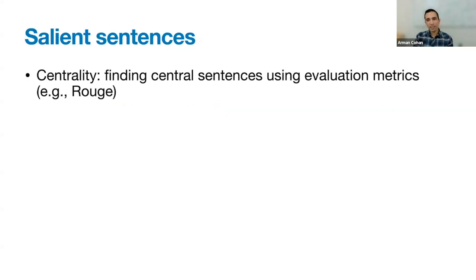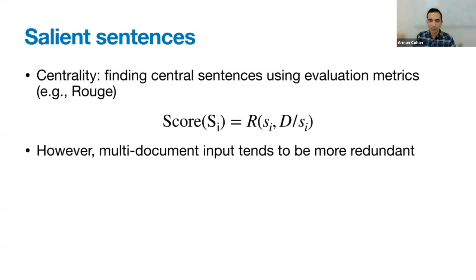It turns out that a lot of prior work uses methods like centrality. For example, we can use heuristics such as the Rouge metric to find central sentences in the whole document and then mask those out because they're central. A lot of information in the document is related to that sentence that you're masking. And heuristics like Rouge are used for this.